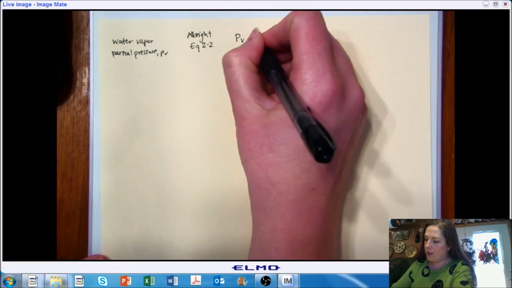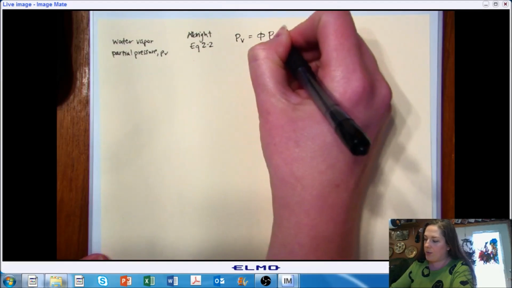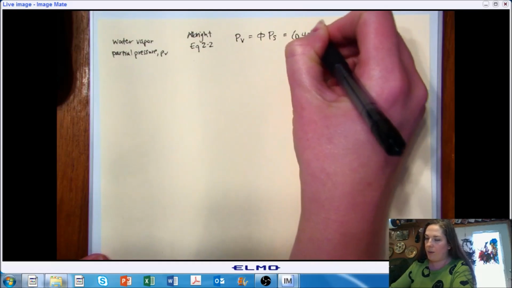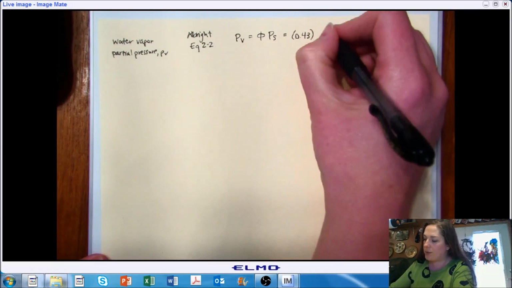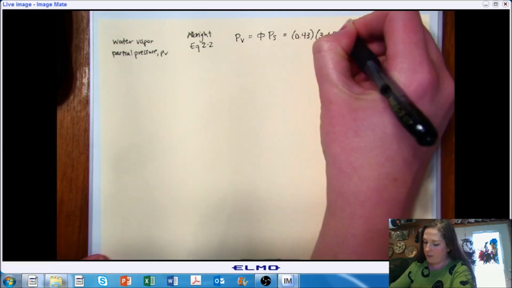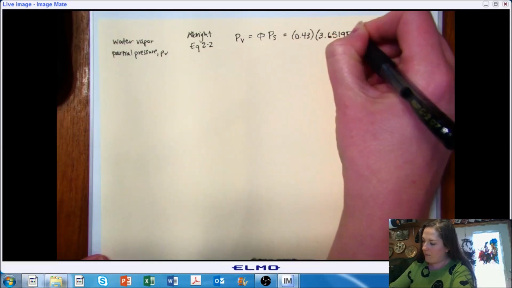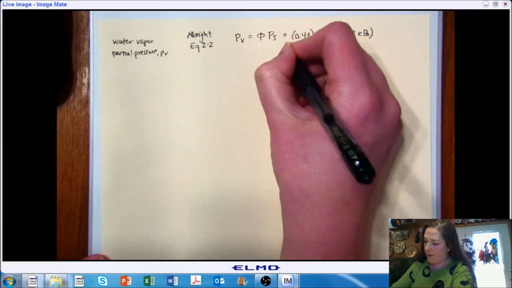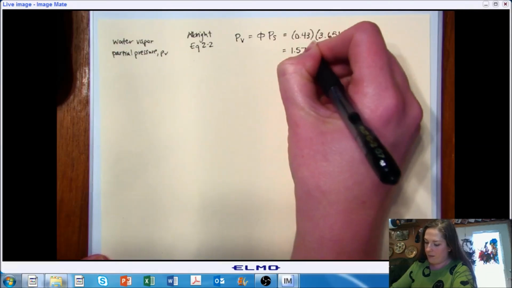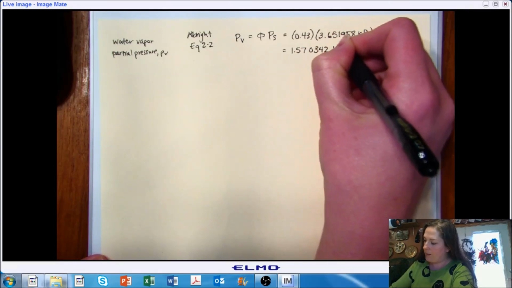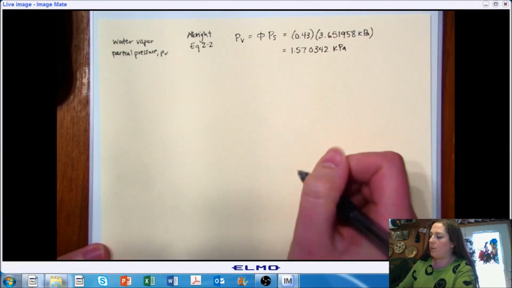It's just the relationship between your saturation pressure and how saturated you are. We know that our relative humidity is 43%, so we're 43% saturated. And so we get our result for our water vapor partial pressure.